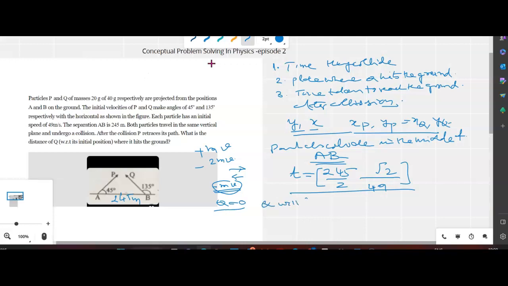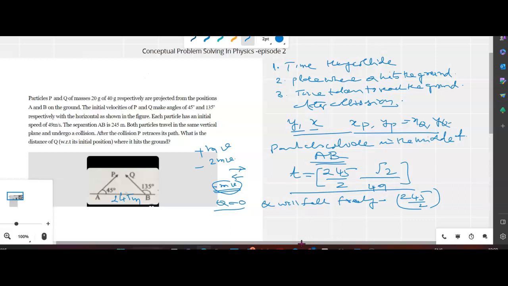Q momentum is 0. That means Q will fall freely. That means it hits the ground at 245 by 2, in the middle. It falls freely, so it hits there. We can also get the height from the time it takes to collide.